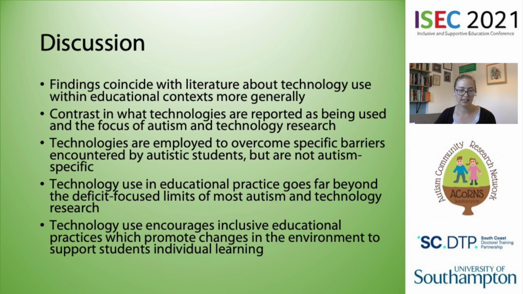In this way, I see technology use within educational practice as being much more inclusive than the literature would suggest, with technology focusing on the environment rather than the child, and being centred around ideas of removing barriers to learning and promoting participation and achievement for students. In this way, more technology reported here might be considered instances of inclusive technologies, or technologies being used to increase inclusivity within education than might be expected given the focus of the literature.